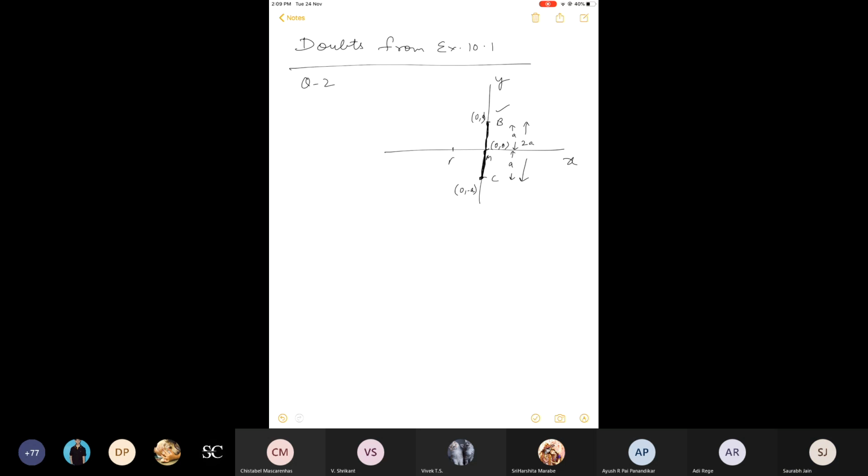Now we will have to find the coordinates of point A. Since it is an equilateral triangle, therefore this point A will lie on the x-axis only. Why? See, this angle is the angle between the x-axis and y-axis, and this angle is 60 degrees.